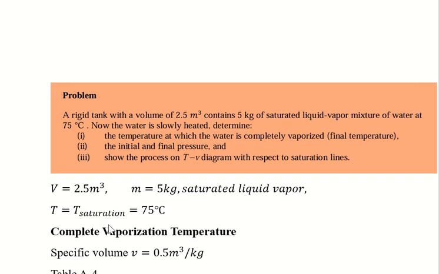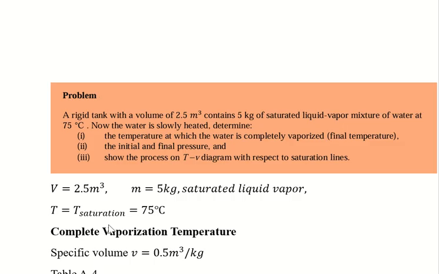So the first part of the question wants us to find the temperature when the water will be completely vaporized. What does that tell us? When the water is completely vaporized, it's on the verge of being superheated vapor.